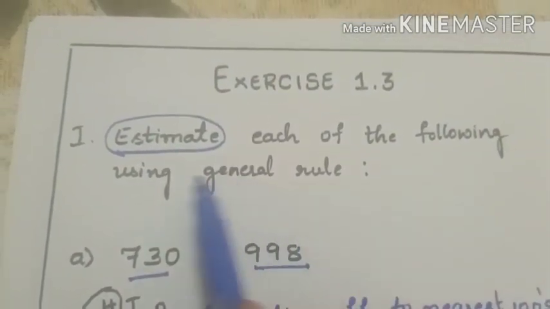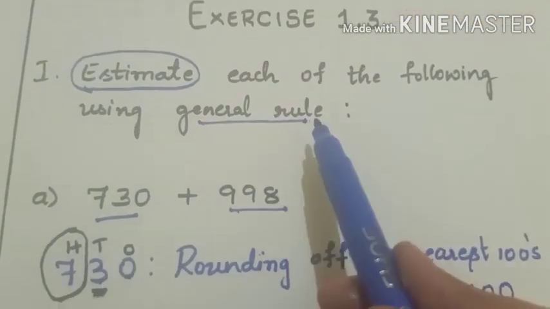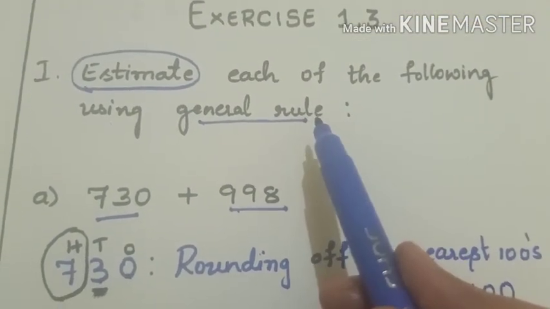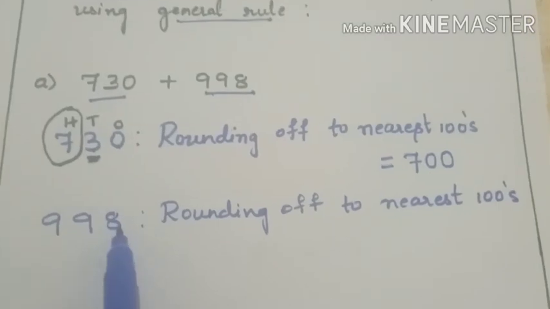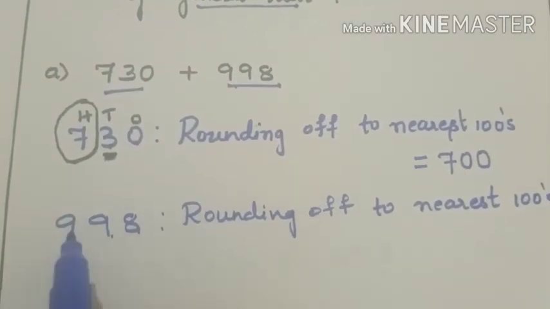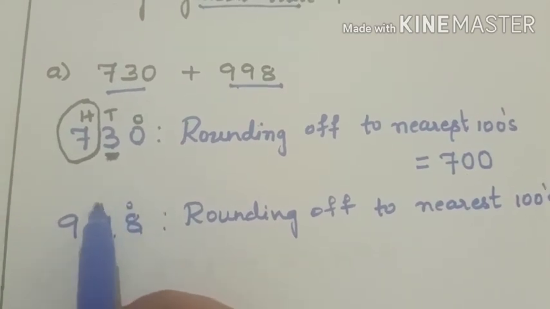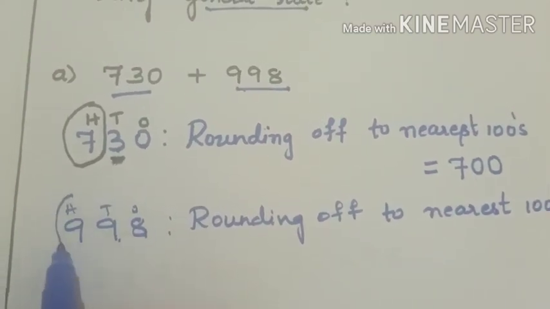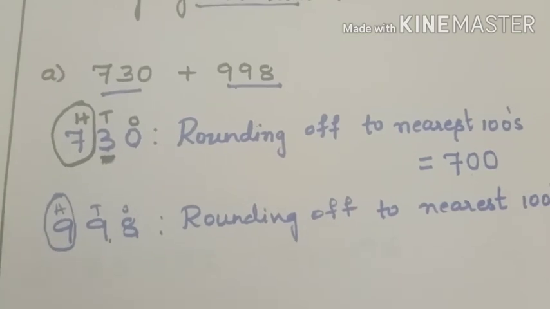Because in the question they have given using the general rule. What does the general rule say? That is, the highest place value. To the highest place value we have to round off. Which is the highest place value here? Ones, tens and hundreds. So hundreds is the highest place value.